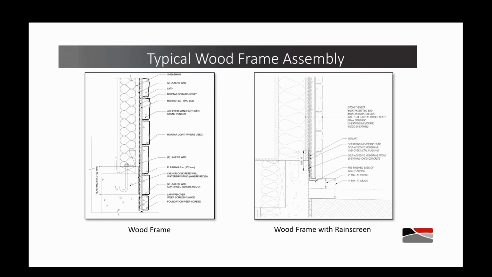I don't know that it's necessarily become code in any parts of the US yet, but I do know that several parts of the US are designing with rainscreen in mind, because water management has become such a big issue everywhere these days.